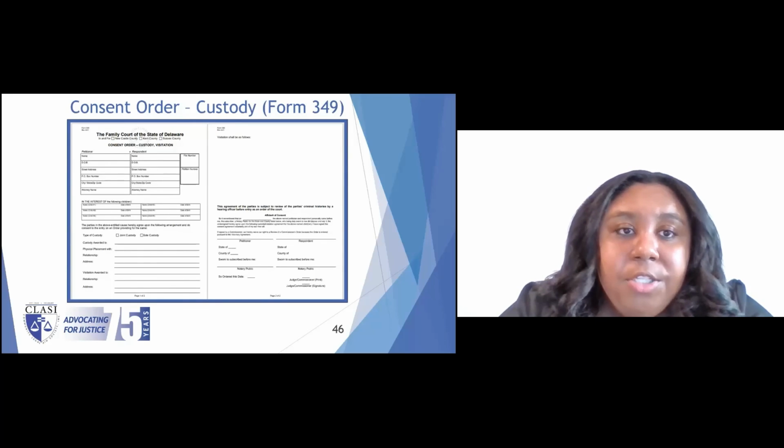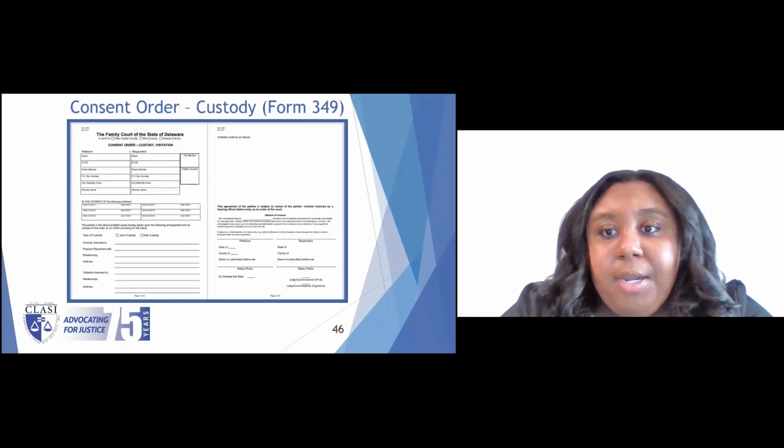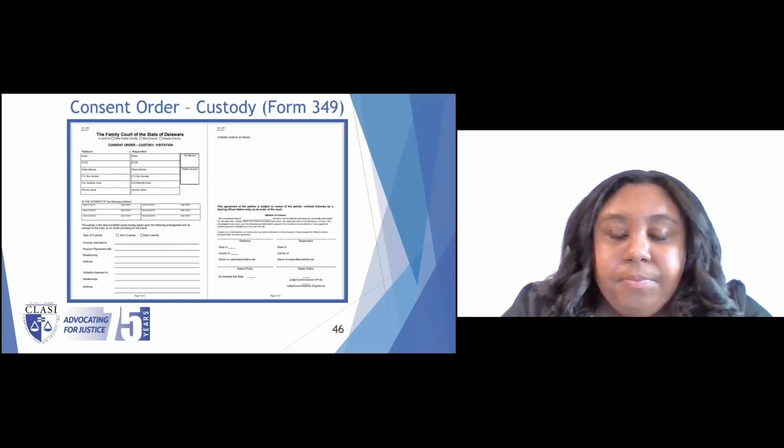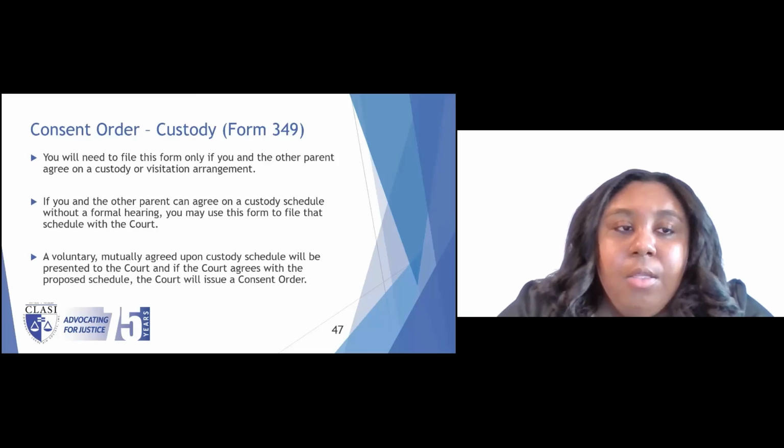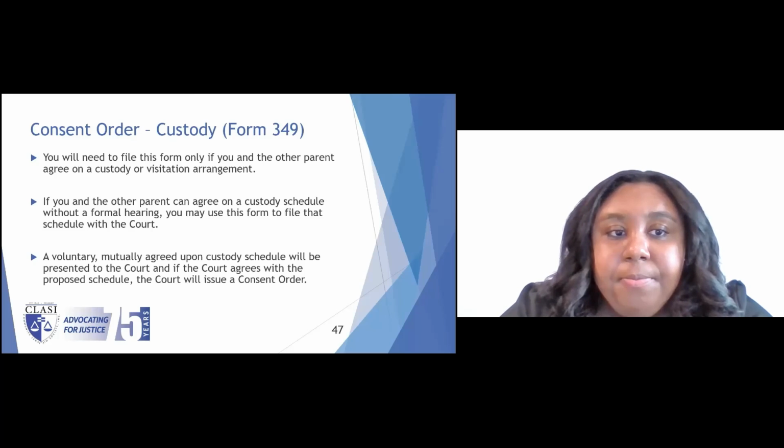The other situational form that we will go over today is the Consent Order Custody form, also known as Form 349. The consent order form will be filed if you and the other parent agree on a custody or visitation arrangement.